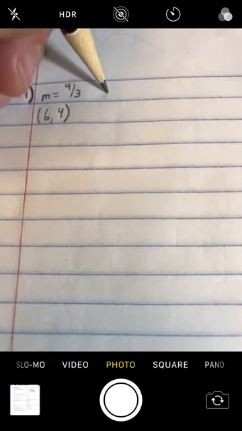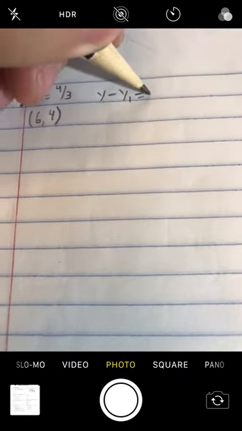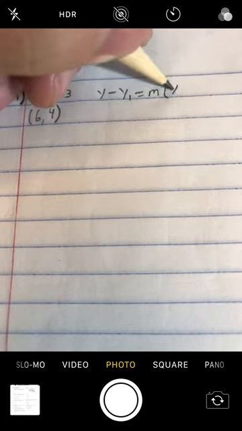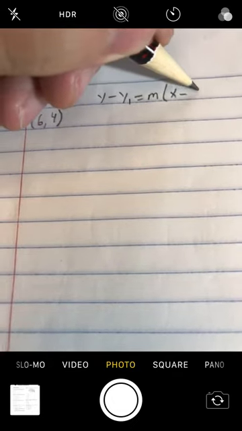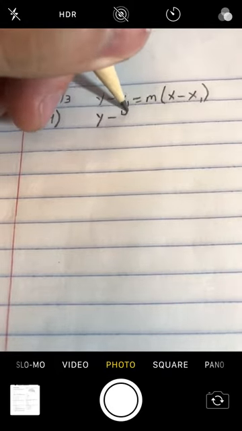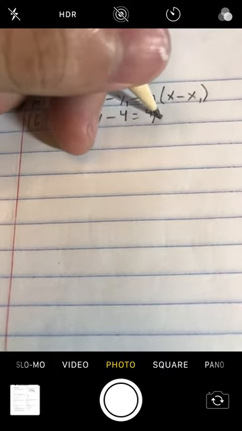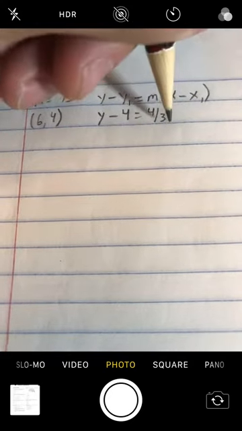Now the answer key generally uses the slope-intercept form for this, but personally I like to use the point-slope form because it keeps it a little bit more organized with where you want to place the variables, and so there's not much trying to figure out what b is. But if you want to do slope-intercept form, that's perfectly fine too.